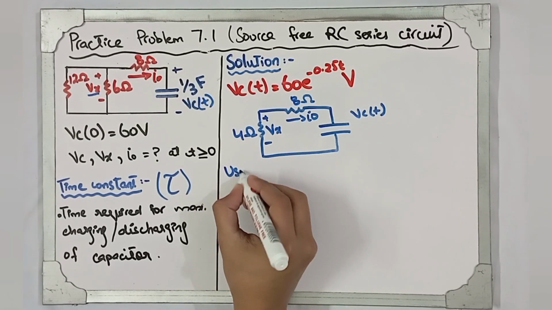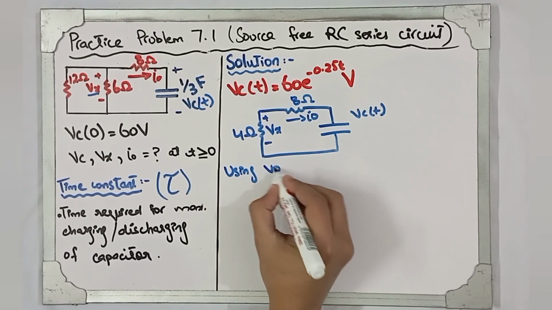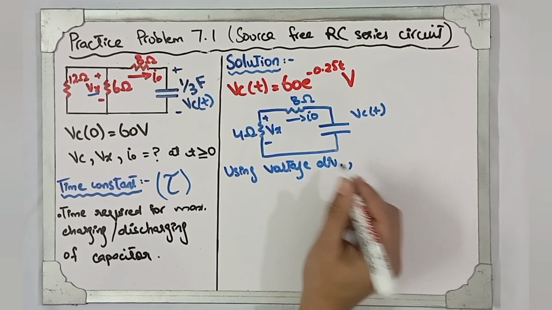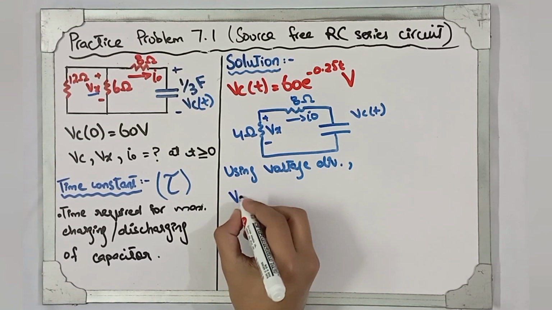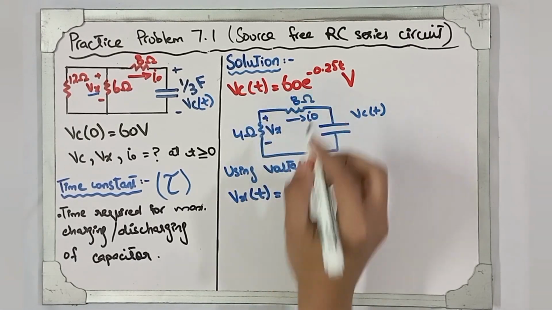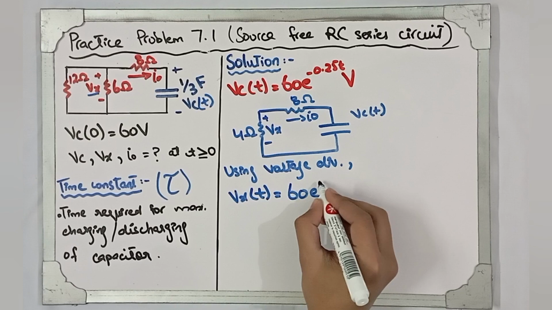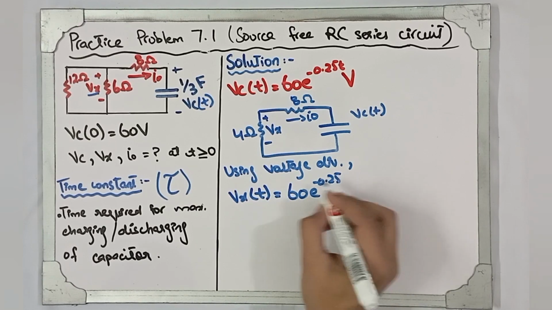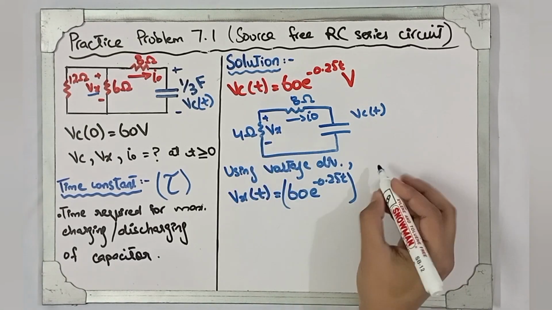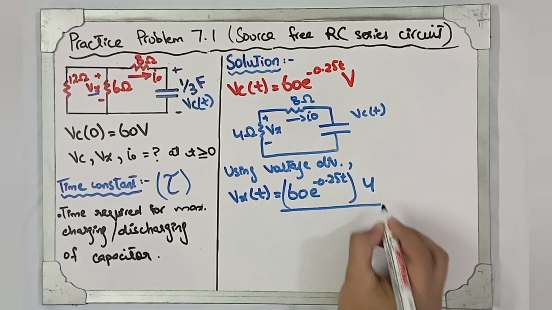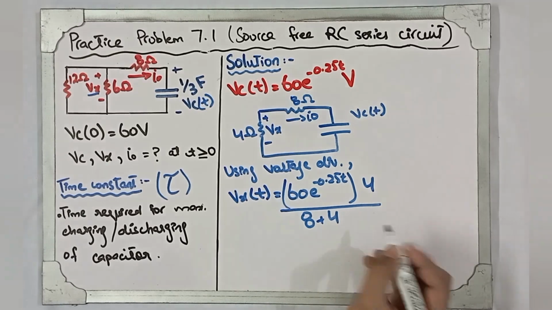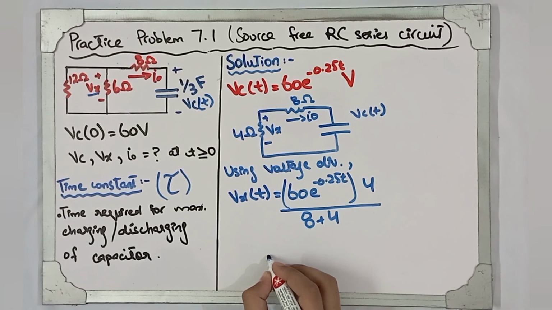Using voltage division, because these two resistors are in series and the voltage is being divided among them, Vx at time t will be equal to the source voltage, in this case 60 into e raised to the power minus 0.25t, multiplied by the resistor across which we have to find the voltage, that is 4 ohms, divided by 8 plus 4, right?